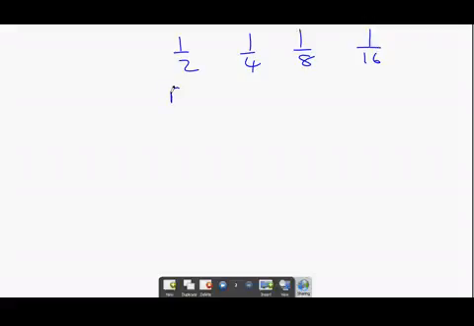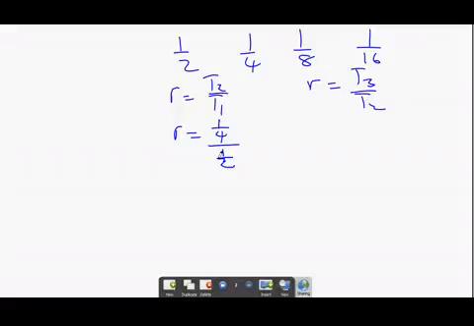When we want to find the ratio, R is equal to T2 divided by T1, and R is equal to T3 divided by T2. When we substitute, R is equal to T2, which is 1 over 4, divided by T1, which is 1 over 2.